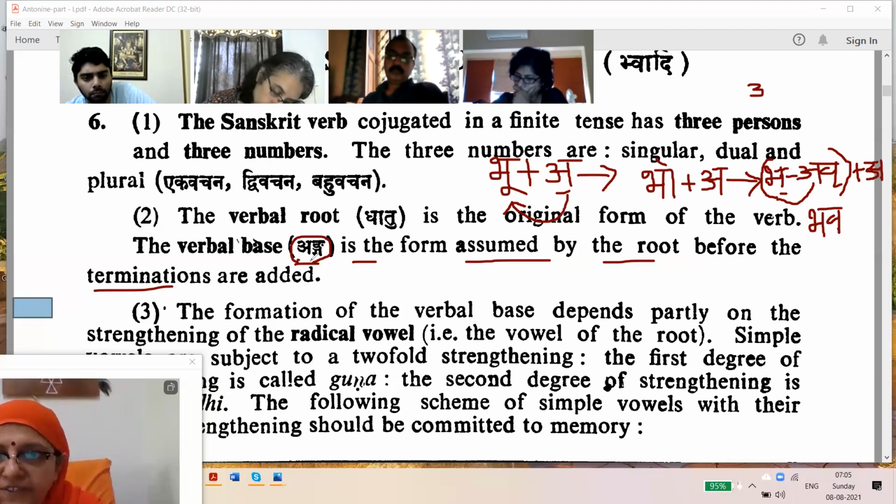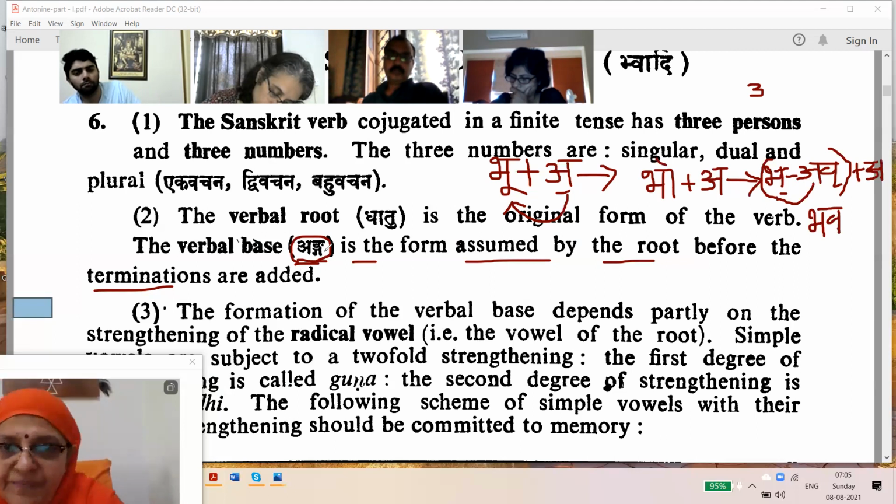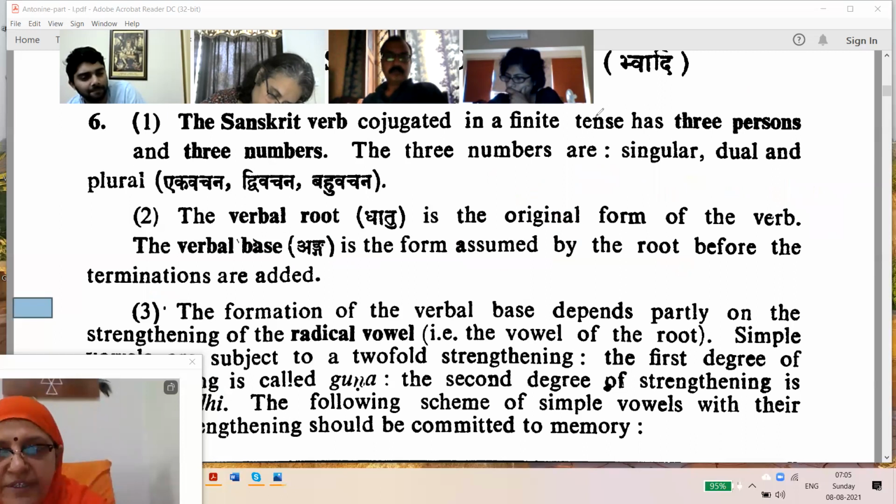What this is called is anga, verbal base. It will come in detail. It is the form assumed by the root before the terminations are added. We will see in detail, need not worry. But what they have written, I think I should explain.